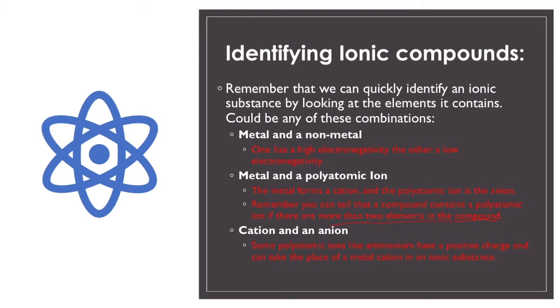And so that particular polyatomic ion could take the place of any metal in an ionic substance. So it's not always going to be metals and nonmetals. You can have ionic bonds occurring between polyatomic ions. All right, so those are the three things that we want to be aware of when we're trying to identify the type of compounds that we need to name.